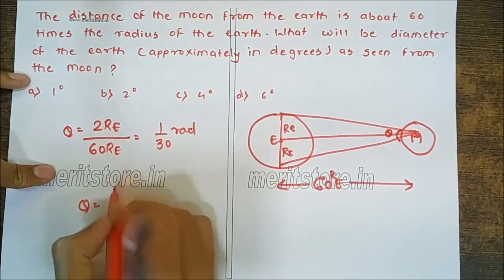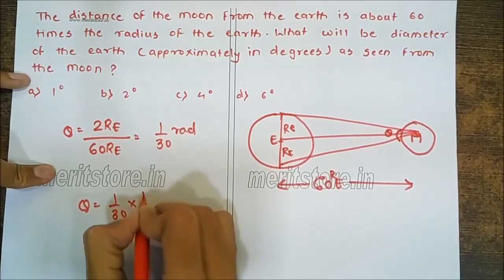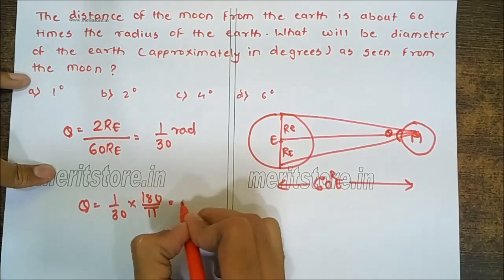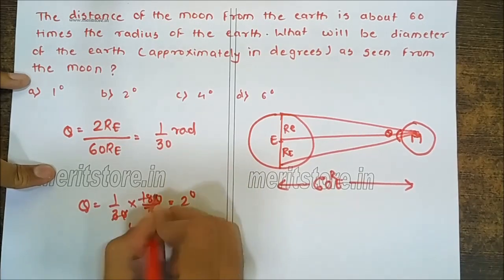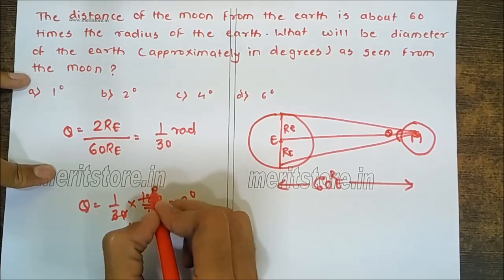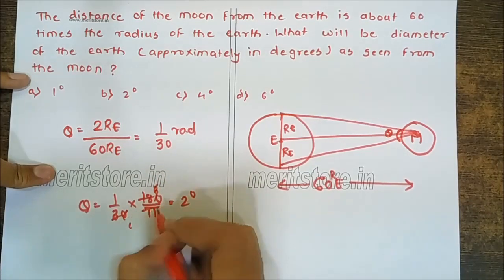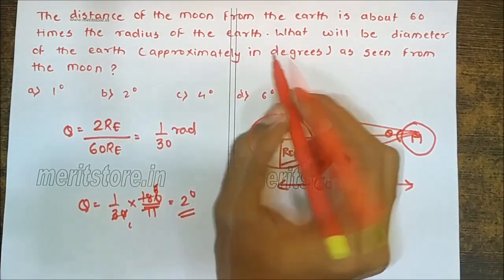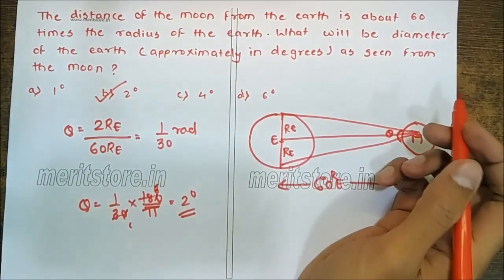Again we convert it into degrees, that is 1 upon 30 into 180 by pi, which equals 6 upon pi, that will give you 2 degrees. So the correct option is 2 degrees, so B is the correct option.